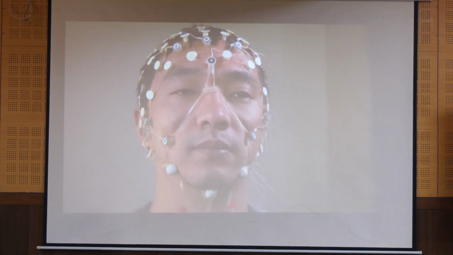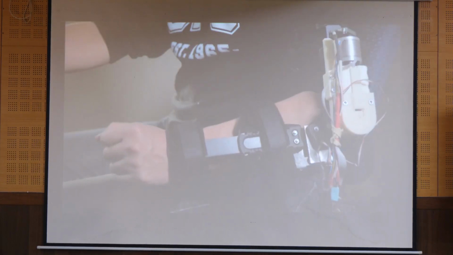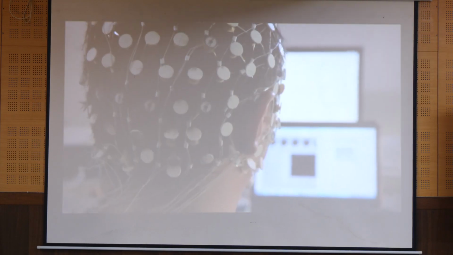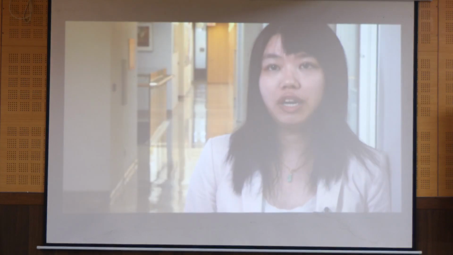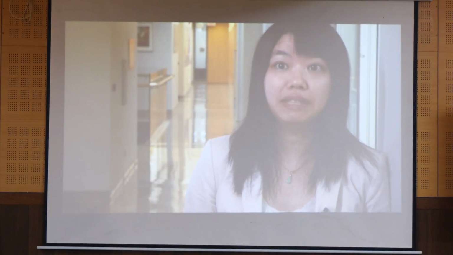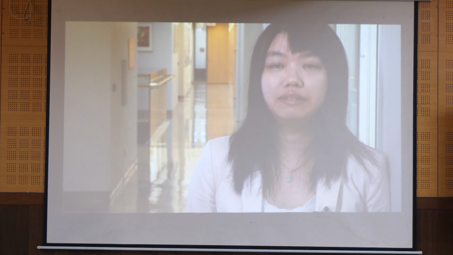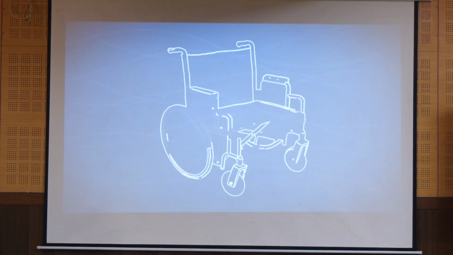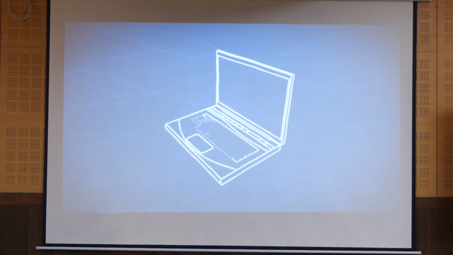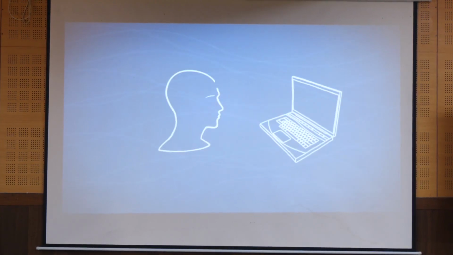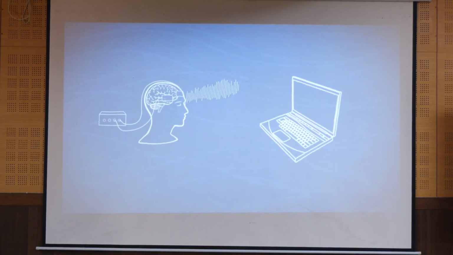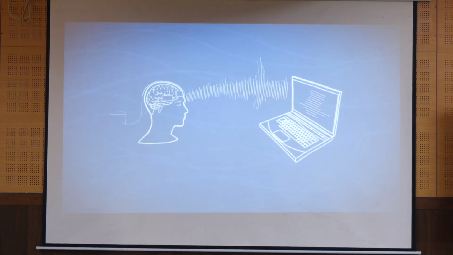It will be able to distinguish whether the person is imagining a movement or he is resting. We can use this technology to help people with limited mobility to operate certain devices, for example, a prosthetic hand or a wheelchair or a computer. If you can't use the keyboard, you can use this technology by using your brain signals.